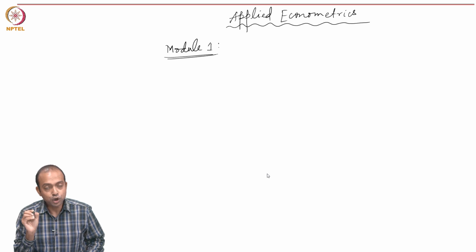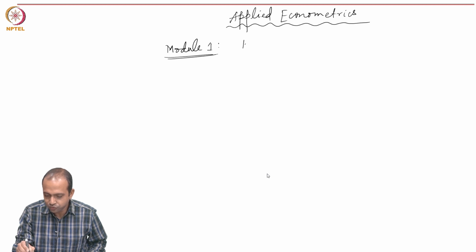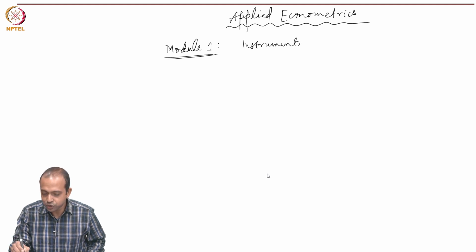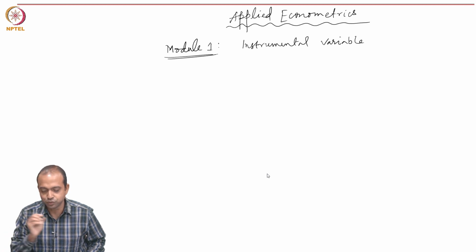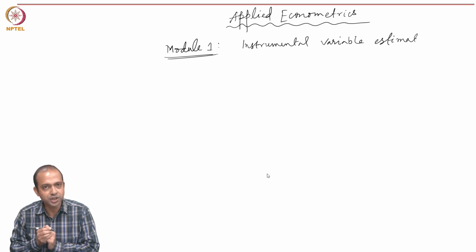If you recall, in our basic econometrics, when we specified our model yi equals alpha plus beta xi plus ui, we assumed that the covariance between xi and ui was equal to 0. So, xi is not correlated with the error term.